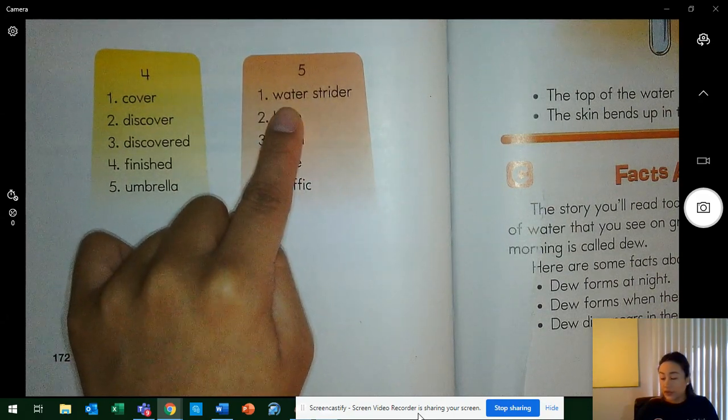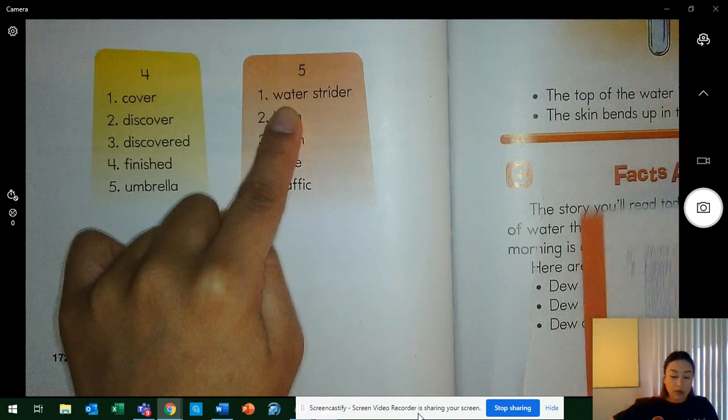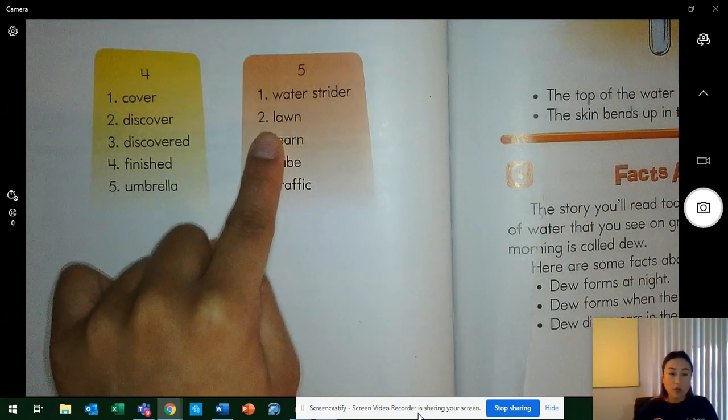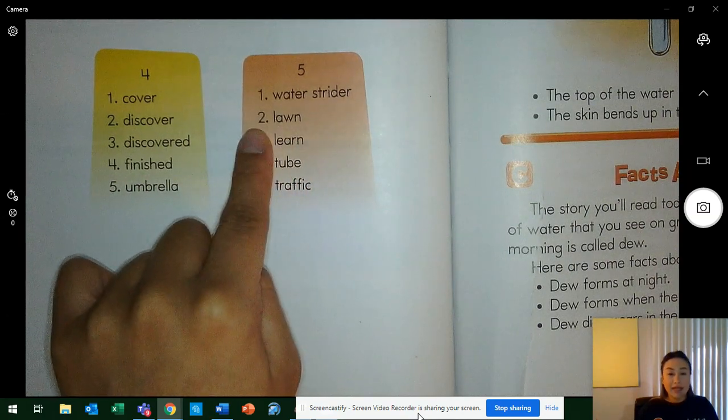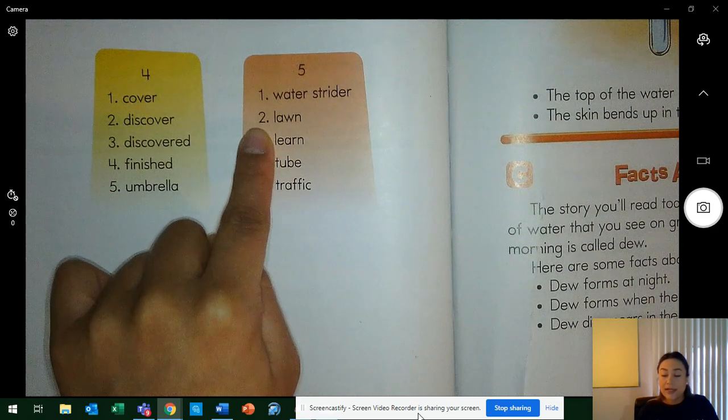Yes, water strider. Okay, word 2. What word? Yes, lawn. Lawn is the name for grass that is well kept and mowed.